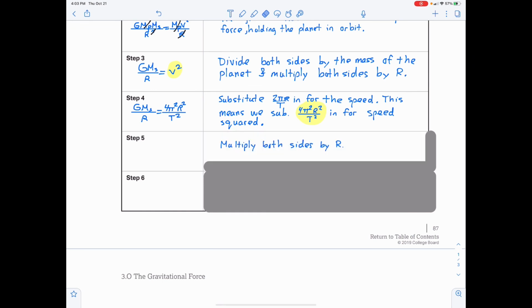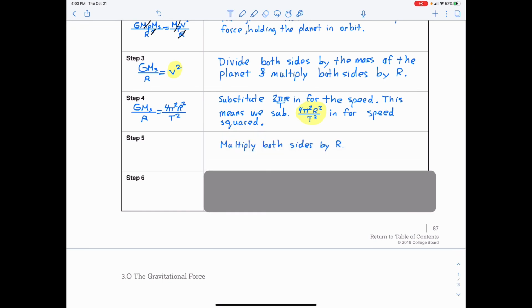Step 5, multiply both sides by r. It cancels on the left, and forms r cubed on the right.